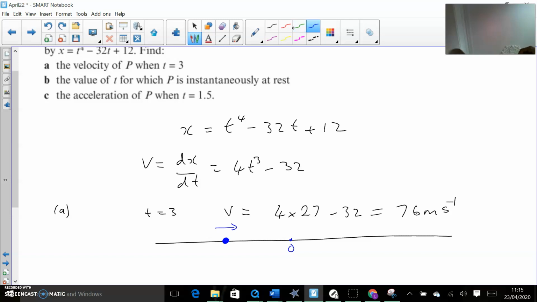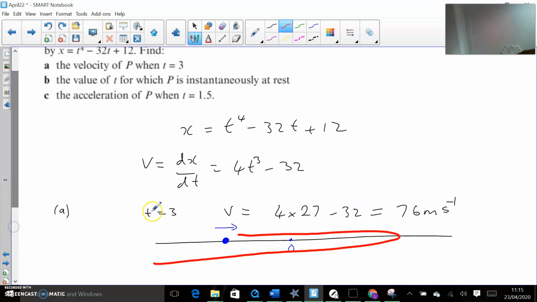Or alternatively, it could change from going negative to positive. So the particle would be moving from wherever and go there, and then turn around and go back. It may well turn round again and go back like that.